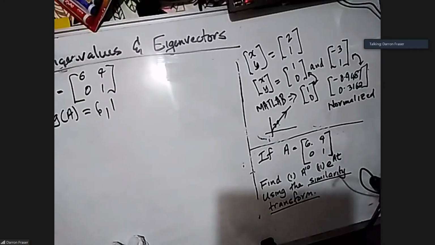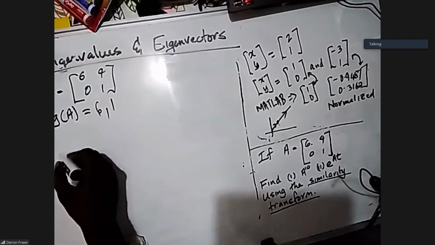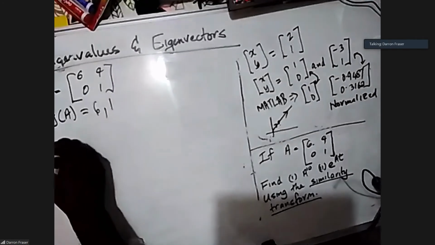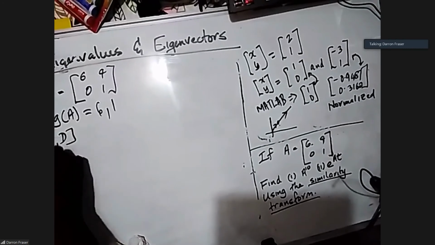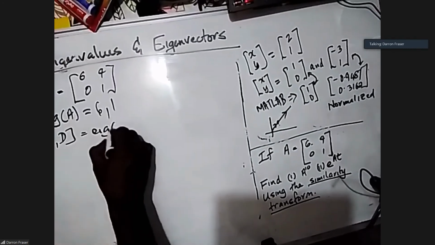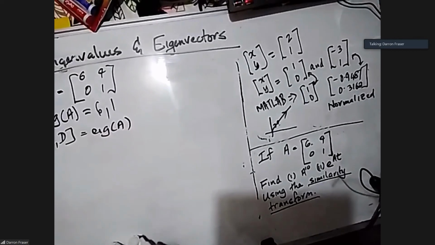Now for the eigenvectors, I'm going to use [V, D] = eig(A) and see what vectors they give me.